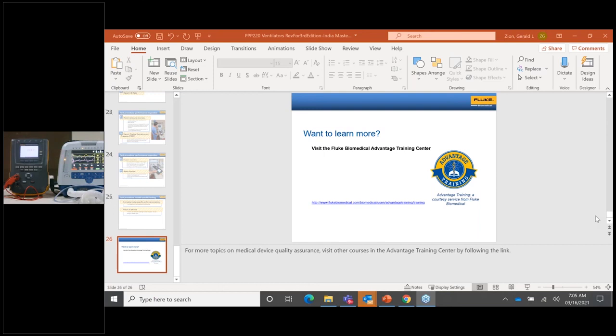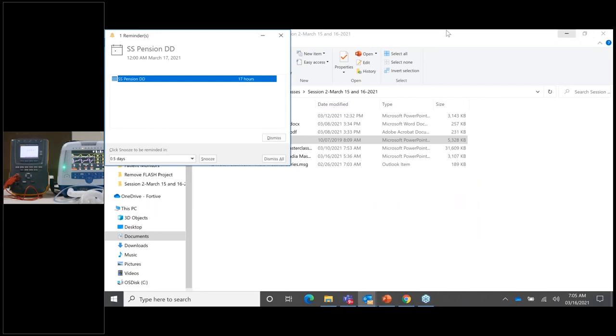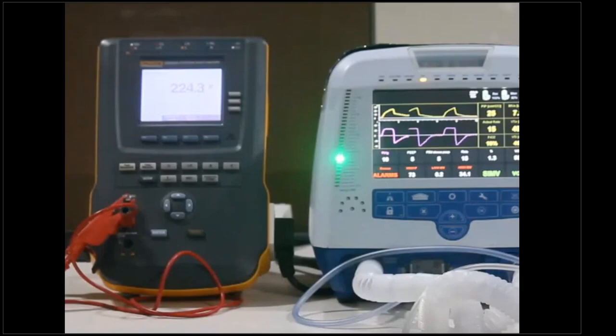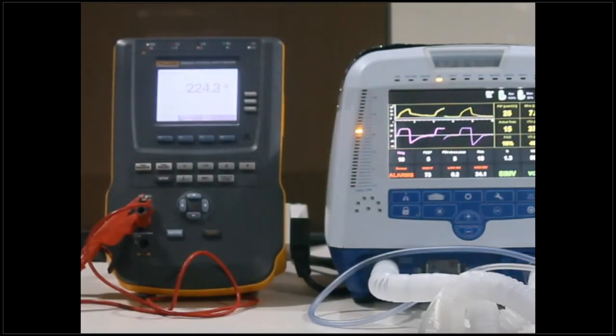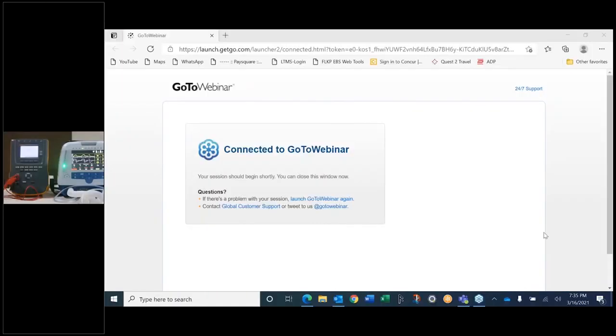Okay. Hope everybody is able to see my screen. Jerry, can you minimize your screen? I have stopped sharing my screen. Yeah, everybody is able to see my screen, I believe.